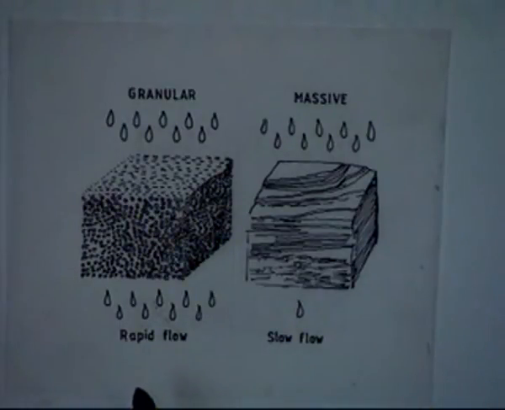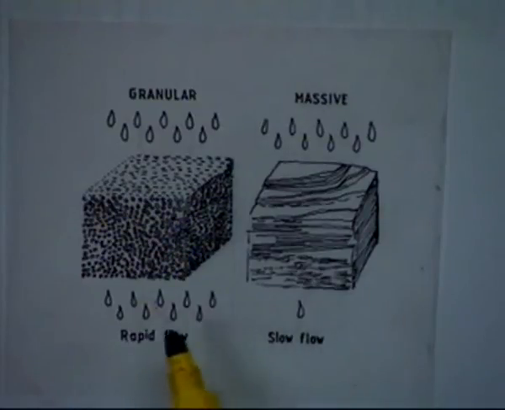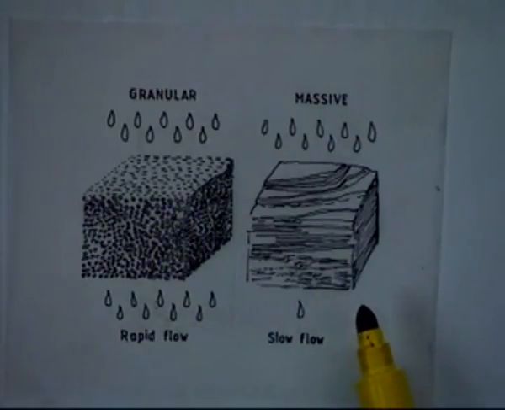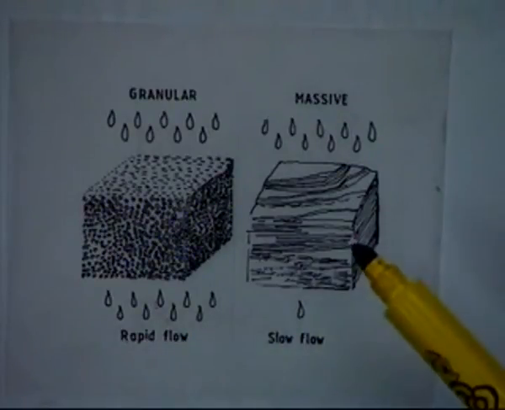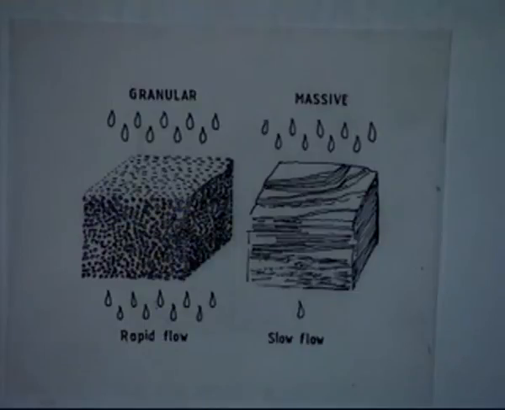Now, between the two structures, in one case the placement of the aggregates will be such that there are more pore spaces. The pore spaces allow the water to move through them, whereas in the case of a massive structure, the placement is such that the pores are not in a position to let the moisture move out of its structure.